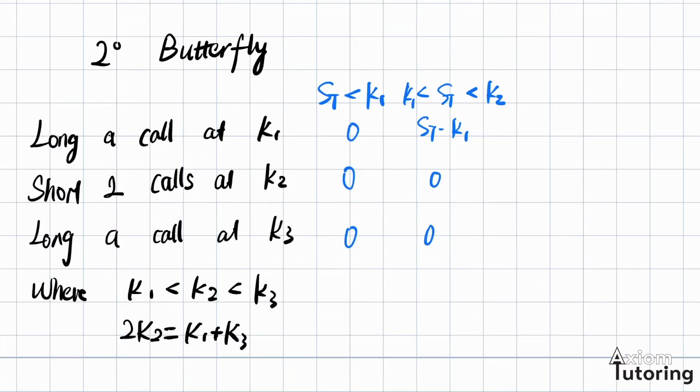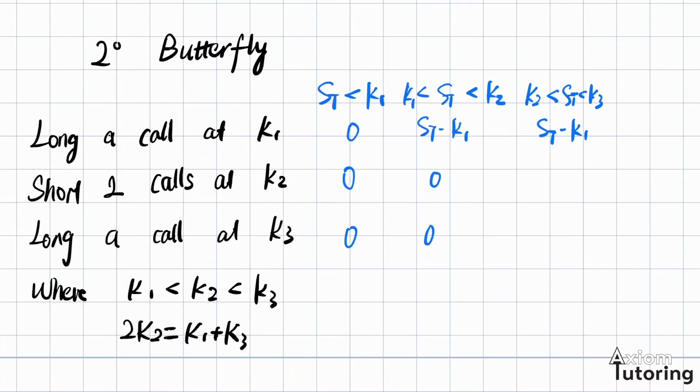And in the third case, where K2 is less than ST and ST is less than K3, we'll still exercise the first option, because now ST is far greater than K1, your first strike price.